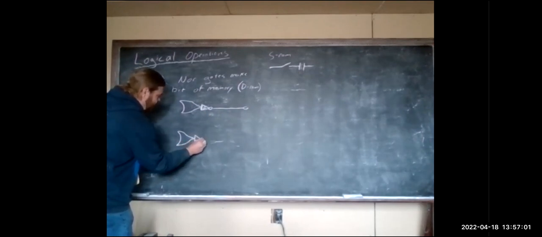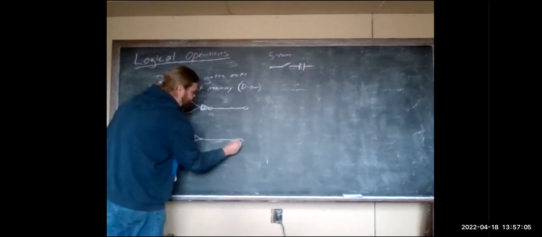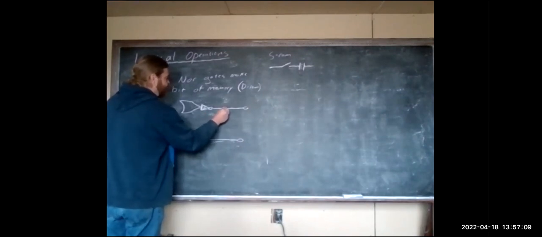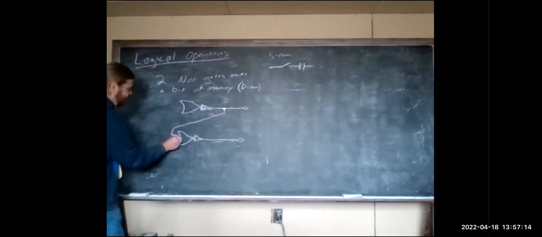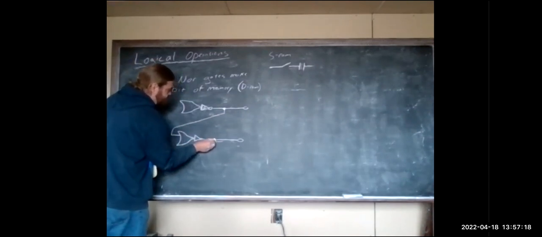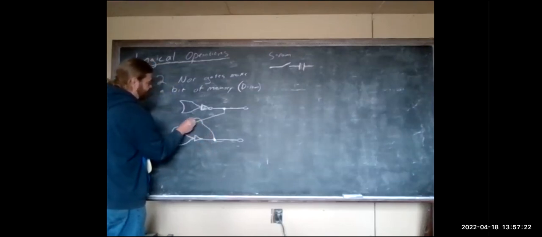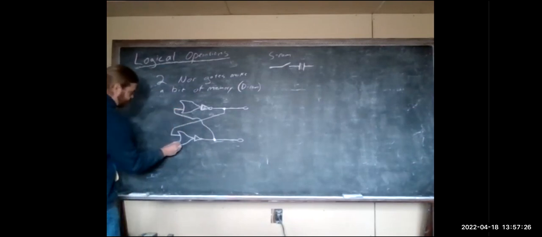So an OR gate, and then we run that through a NOT gate. And the output of one of them comes down and feeds into the other, and vice versa. After we output it, it'll come over, jump over that wire so they don't touch, and feed in there.